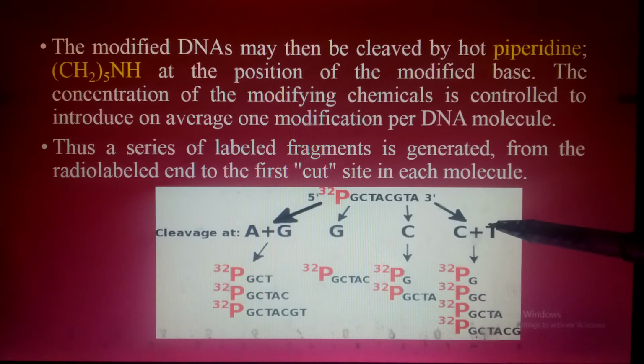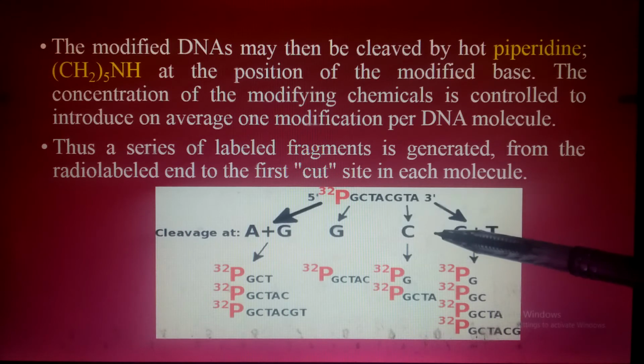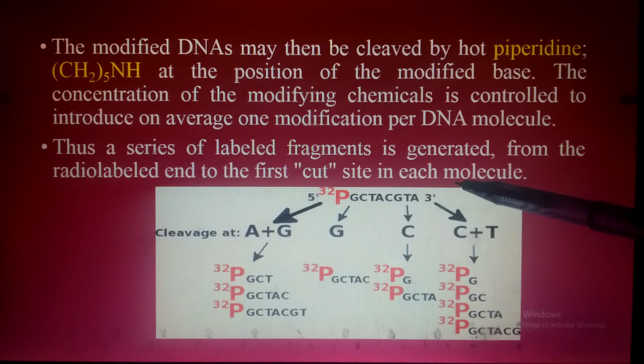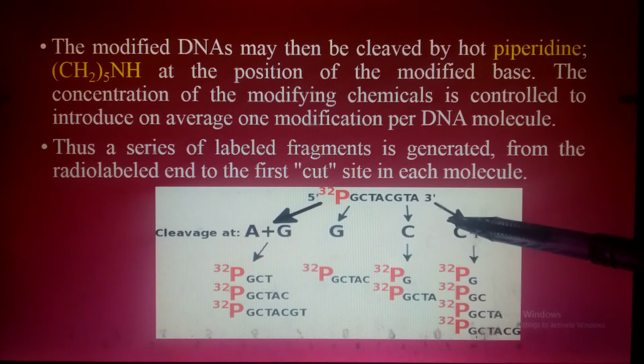Now CT, AG, you are familiar: adenine, guanine, cytosine, thymine. The DNA is made up of these nitrogenous bases, and the modification occurs at these nucleotides along the DNA molecule by different chemicals like formic acid, dimethyl sulfate, and hydrazine.